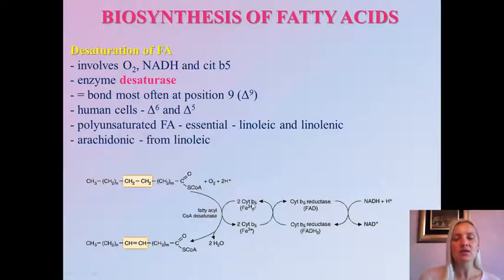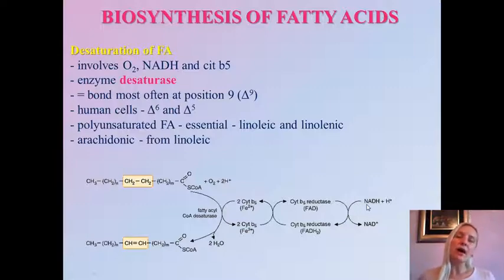So in this reaction, cytochrome B5 is going to change its ferrous state into ferric state, and then it's going to be reduced again by the action of FADH coenzyme, which is going to be reoxidized, and then reduced FADH is going to be regenerated by the involvement of reduced NADH coenzyme.